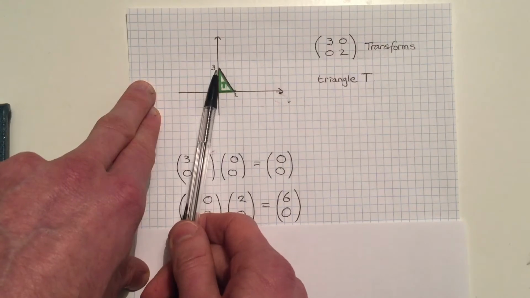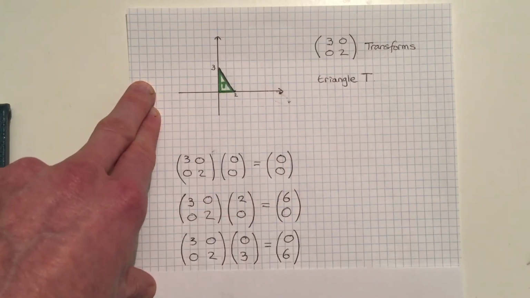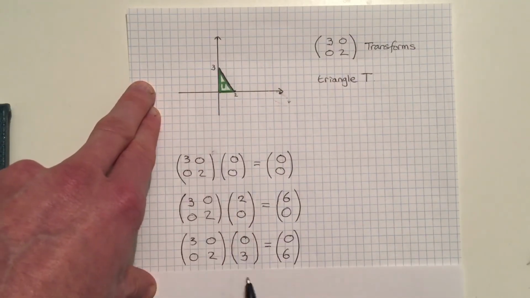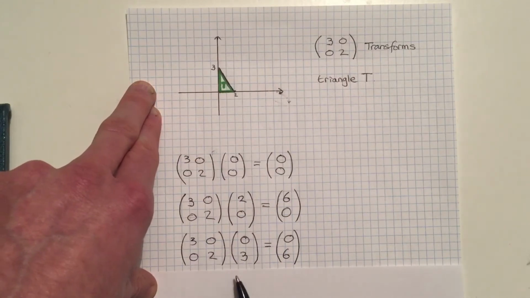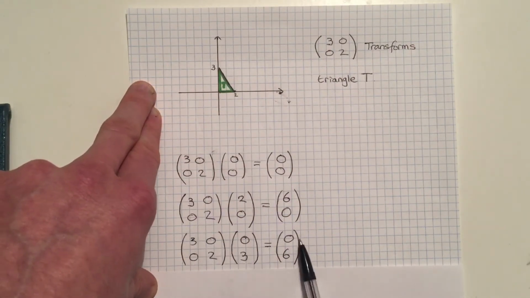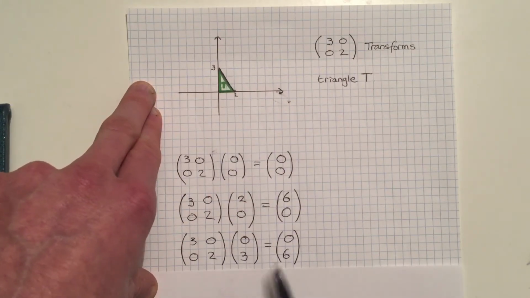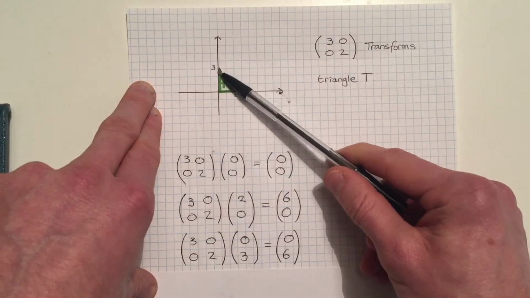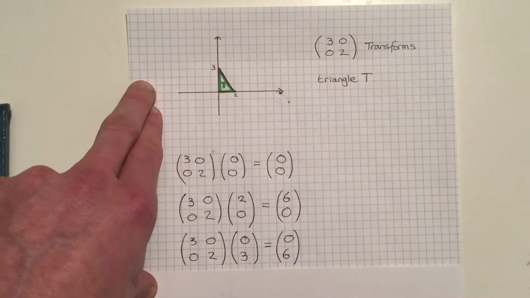And then finally this coordinate here, that's the coordinate 0, 3. If I multiply that by the matrix, then I get 3 times 0 plus 0 times 3, which is 0, and 0 times 0 plus 2 times 3, which is 6. So this coordinate gets mapped to the coordinate 0, 6.